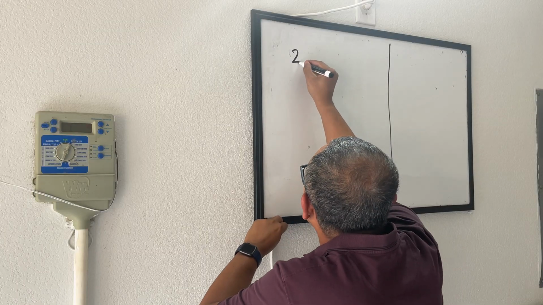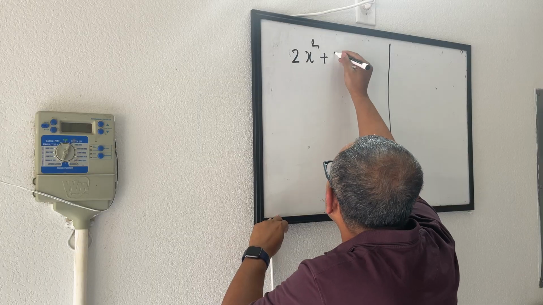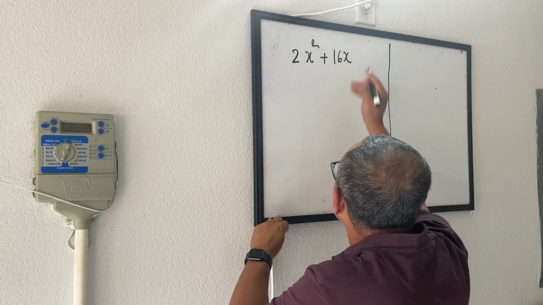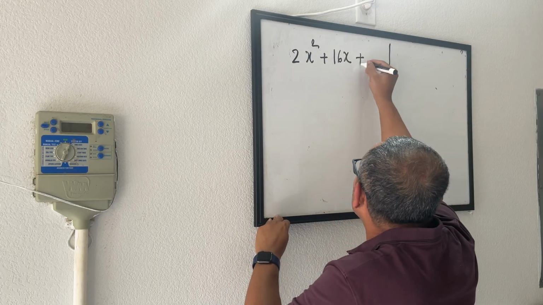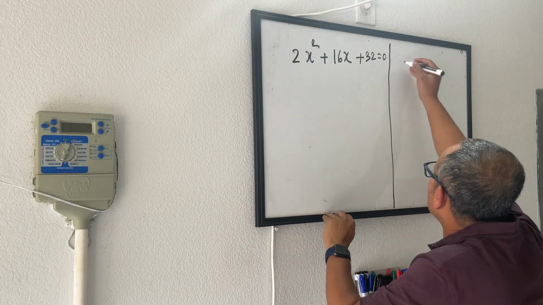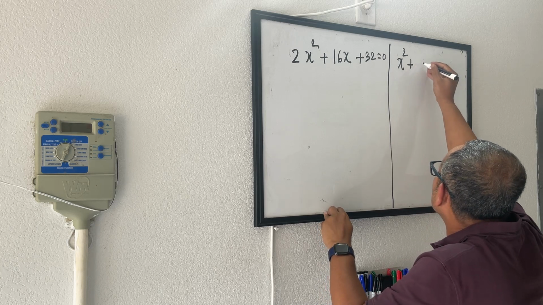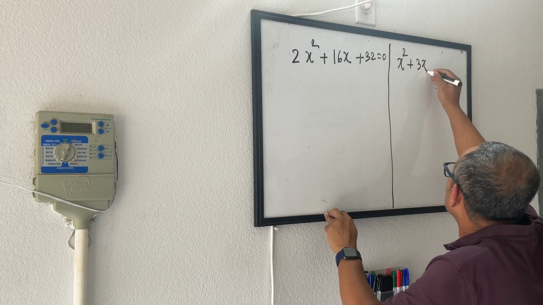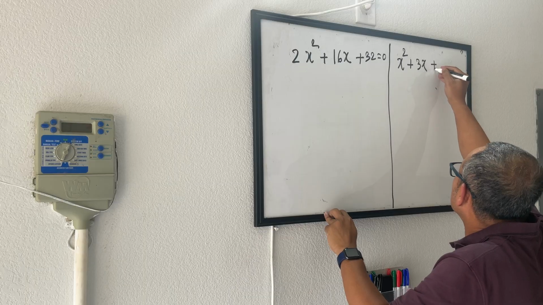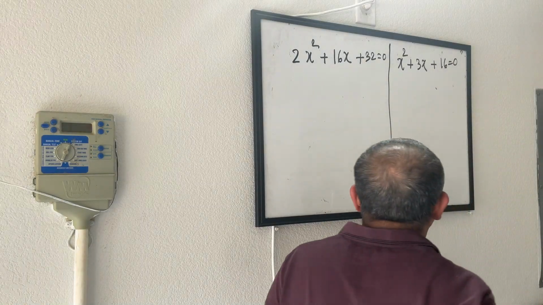So 2x squared plus 16x plus 32 equal to 0, and then x squared plus 3x plus 16 equals 0. I want you guys to solve this and tell me what it comes to.